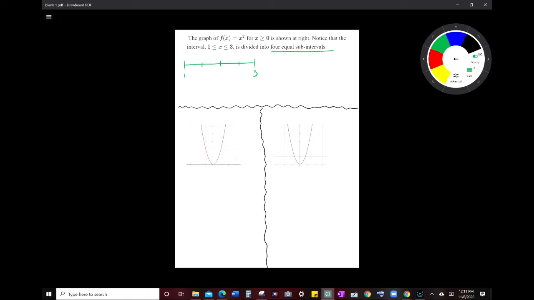Between 1 and 3 will be 2, between 1 and 2 will be 1.5, between 2 and 3 will be 2.5. Alright, so that means each subinterval is 0.5.